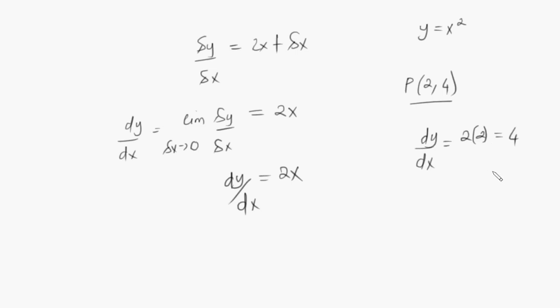Now remember in the last tutorial the gradient of a curve at point P ilikuwa ni ngapi? Ilikuwa ni 4. Kwa hiyo the gradient of a curve at a particular point gives us dy over dx. Okay, we shall learn more in the coming tutorial. But for today, that's it, happy to introduce dy dx in differentiations.